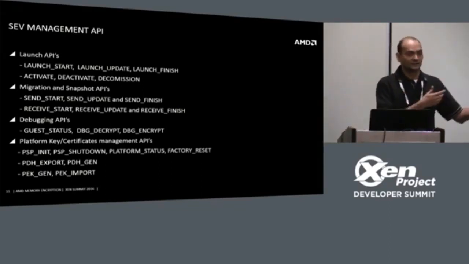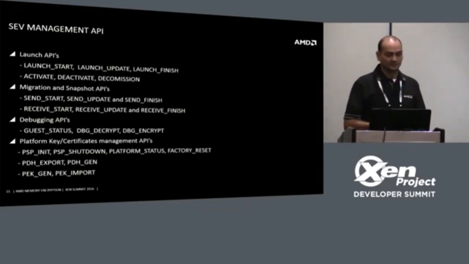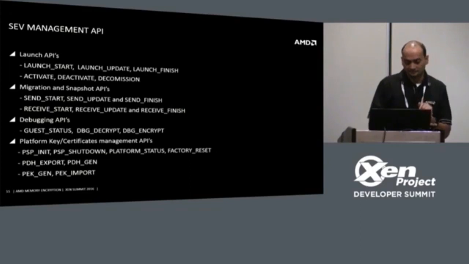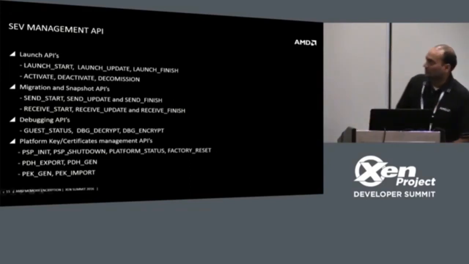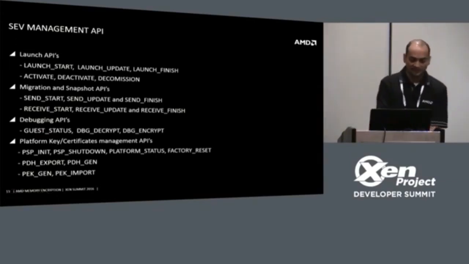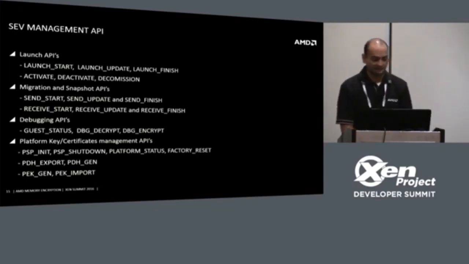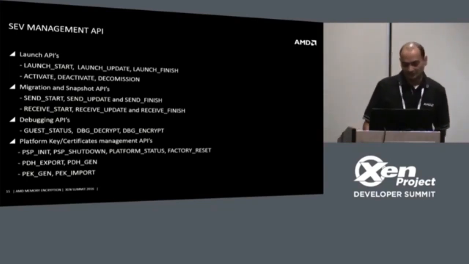If I want to set a breakpoint through GDB from outside, then I will probably need debug encrypt and those commands. And then the last one is the certificate management APIs or commands. Basically, many of these are very well explained in the SEV management API documentation.